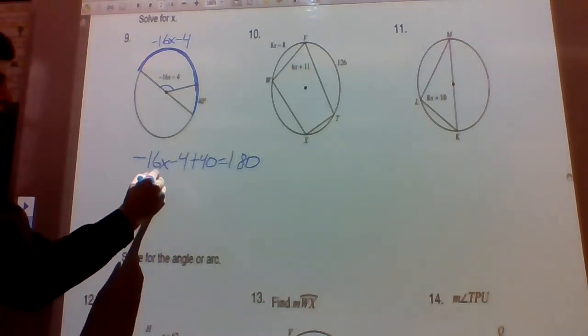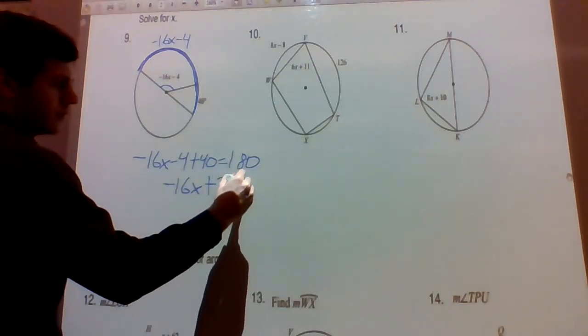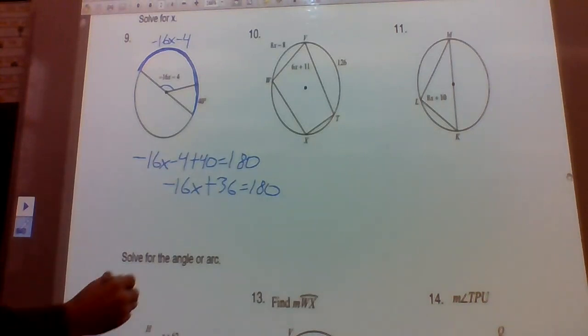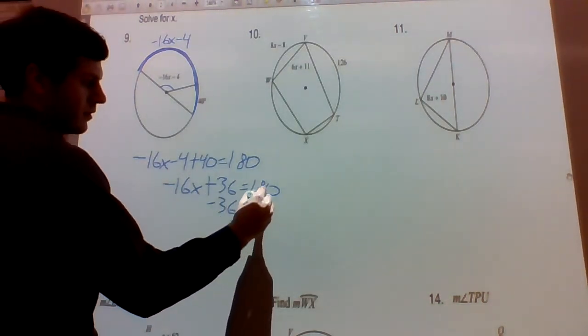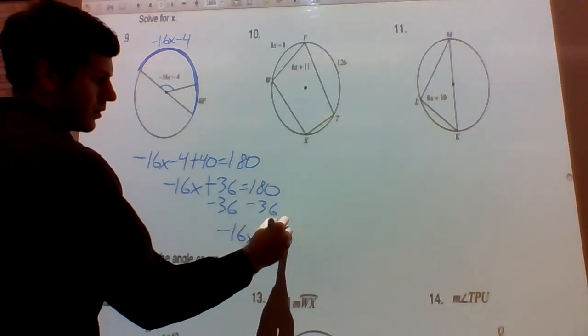Combine like terms, we have negative 16x plus 36 equals 180. Okay, we can subtract 36 from both sides. And we get negative 16x equals 144.